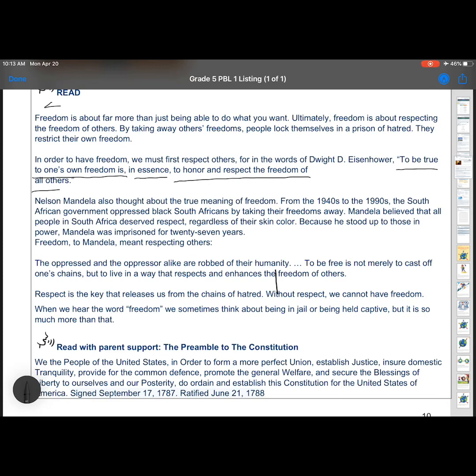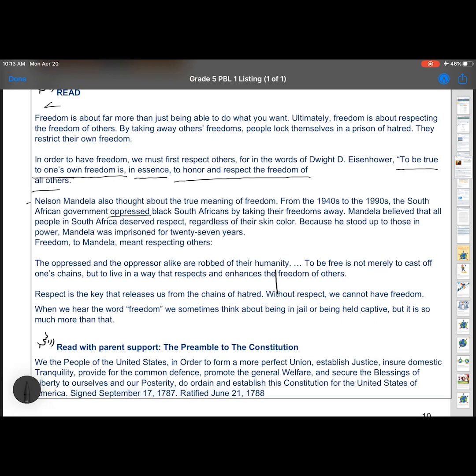Paragraph 3. Nelson Mandela also thought about the true meaning of freedom. From the 1940s to the 1990s, the South African government oppressed Black South Africans by taking their freedoms away.